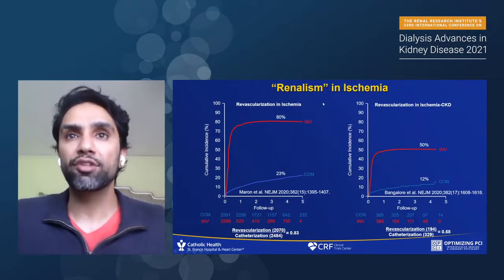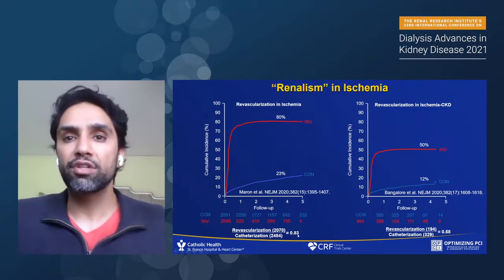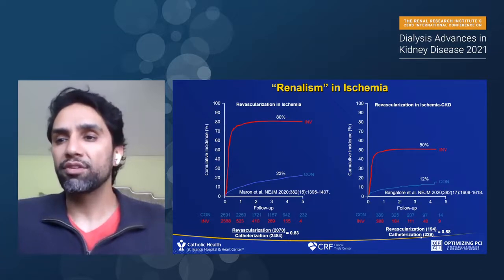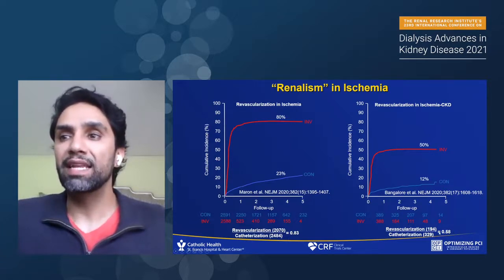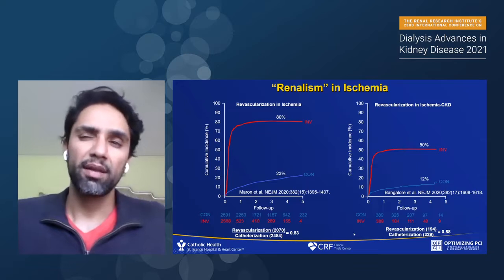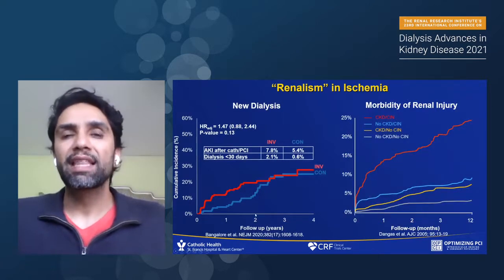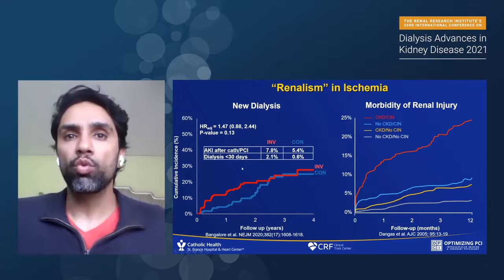If you look at revascularization in the ISCHEMIA trial without CKD, the ratio of revascularization to catheterization is about 83%, but the ratio of revascularization to catheterization in the CKD arm is about 60%. So why would that be? Well, the reason is this: operators don't want to create harm, and they certainly don't want to create harm in their own arms.